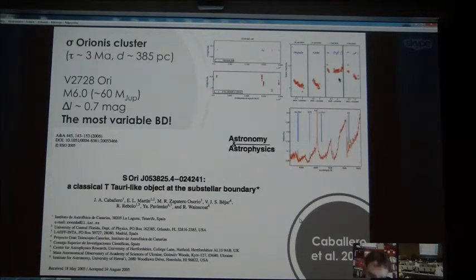When the material is falling down on the surface of the brown dwarf, it is heated and it shows bright spots, not only dark spots but bright spots. And what we see is changing dark and bright spots during the rotation of the brown dwarf. Very complicated system. Yeah. Okay, thank you.